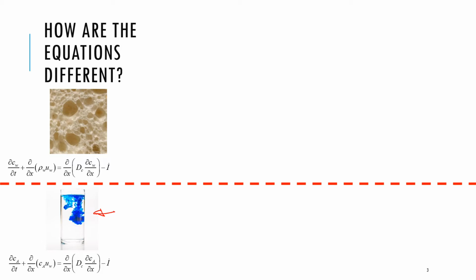For every phase, whether it's water, vapor or air, they look very much like the one for the simple two-component system, even though these are for multi-phase or multi-component transport in porous media. However, these equations have significant differences. That's what I want to talk about a little.